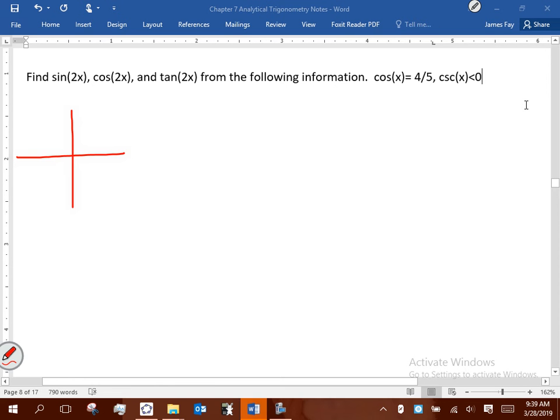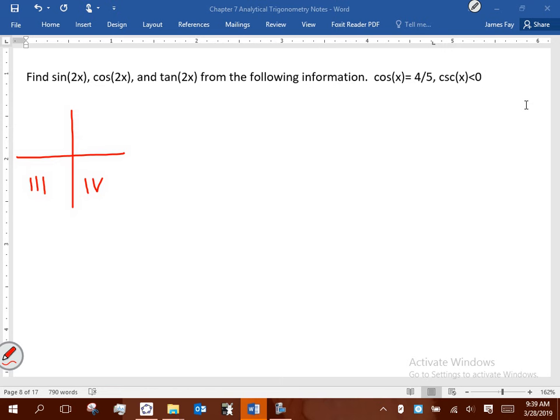Negative. And cosecant is the reciprocal of what function? Sine. So where is the sine negative? Quadrants 3 and 4. So that narrows things down, but not real far, because I still have a choice, right? The other piece of information is that cosine is what kind of number? Positive.